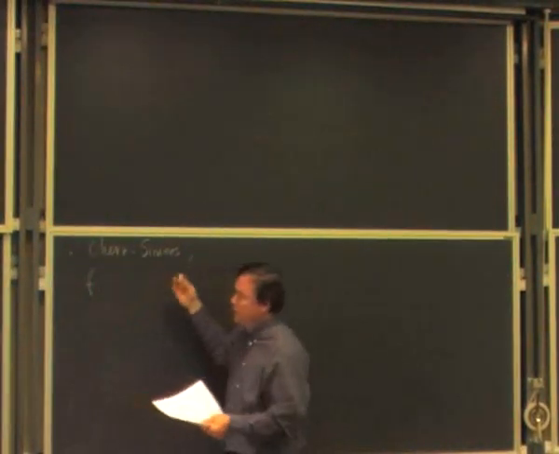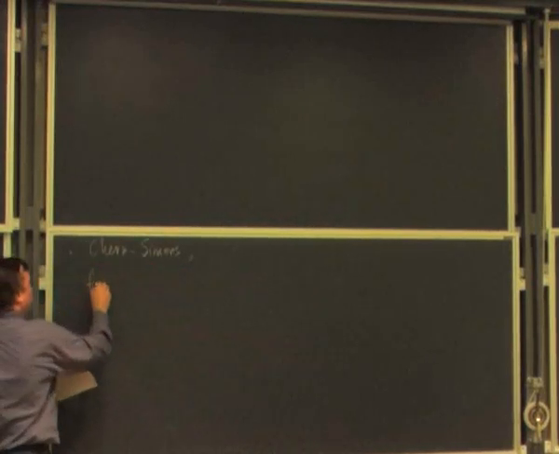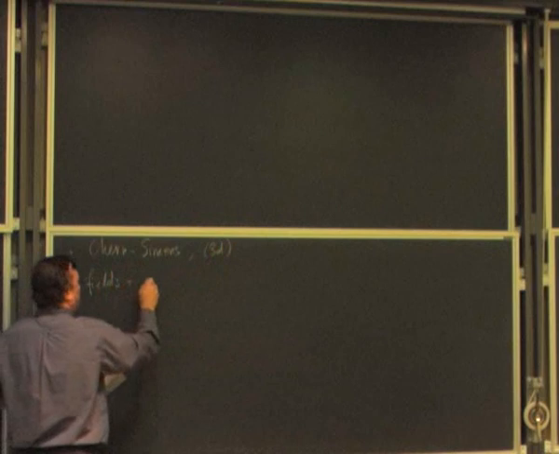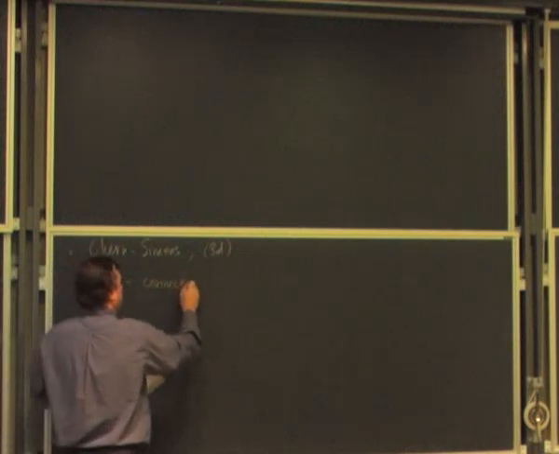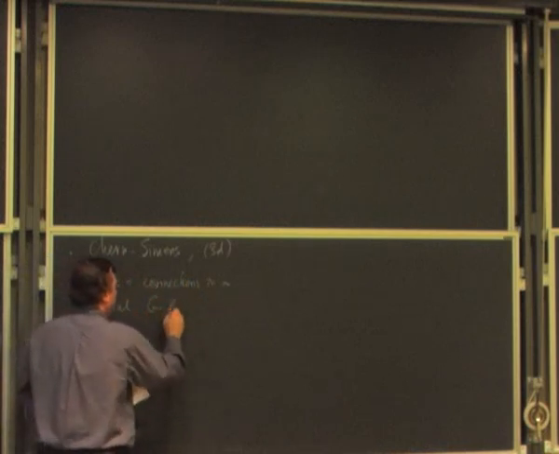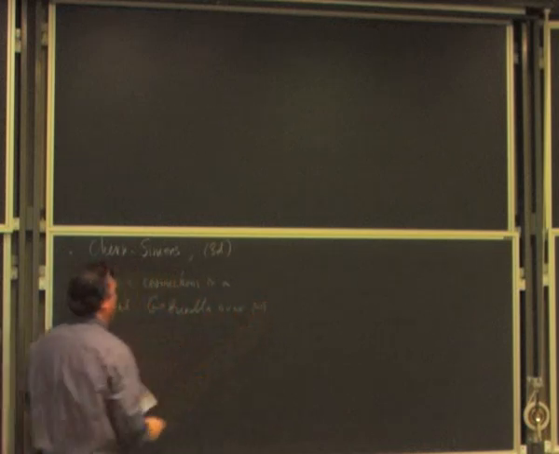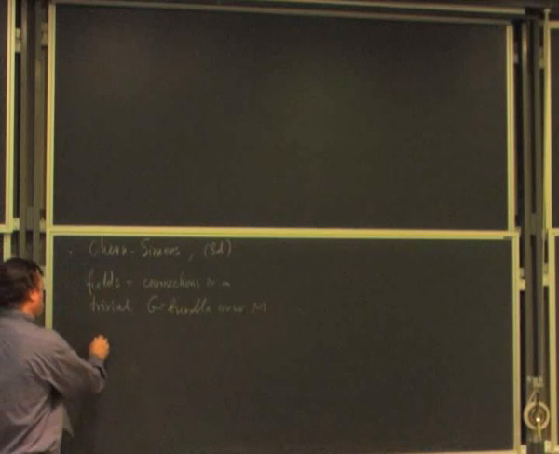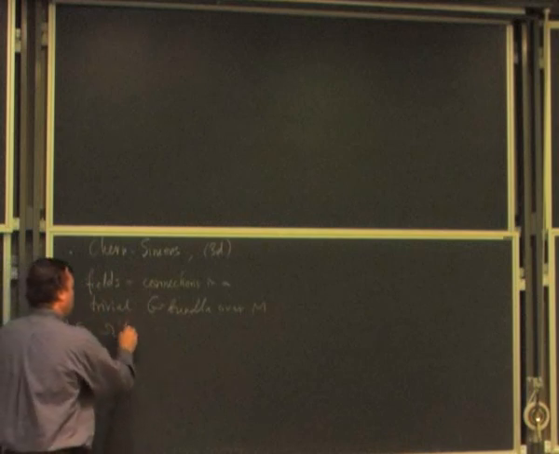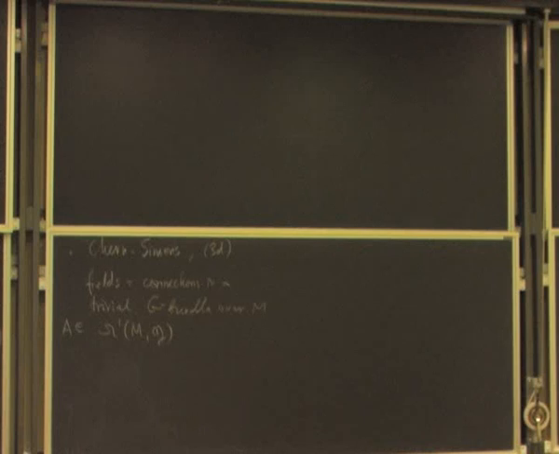Then the next example, again, uses the Riemannian category, and Chern-Simons doesn't use the Riemannian category. In this case the space-time is just taken from the topological category. It's three-dimensional. So fields are connections in the trivial G bundle over M. And again, they can be thought of as one forms on M with coefficients in the Lie algebra.